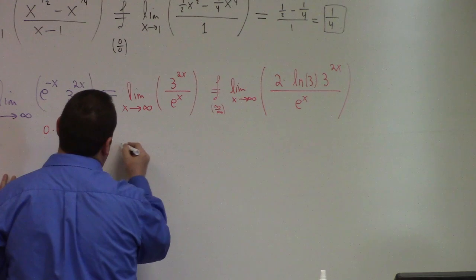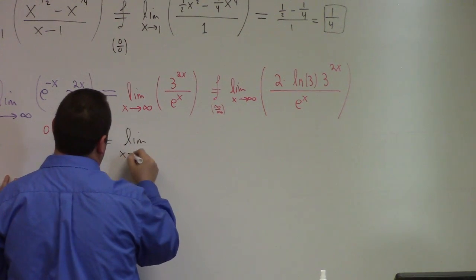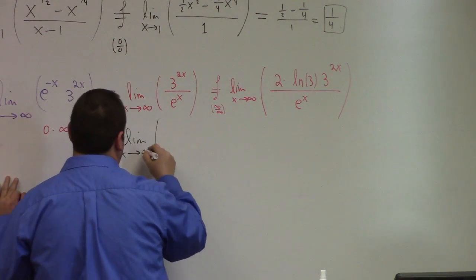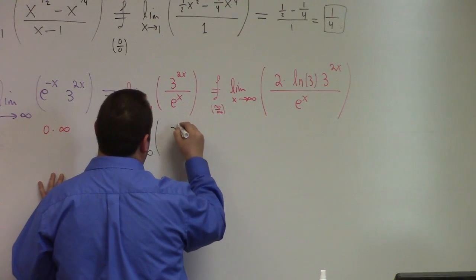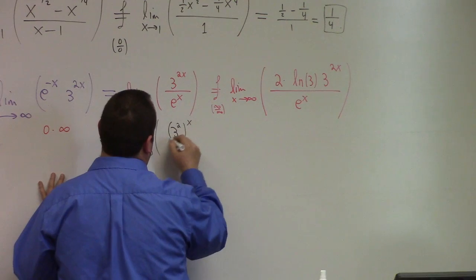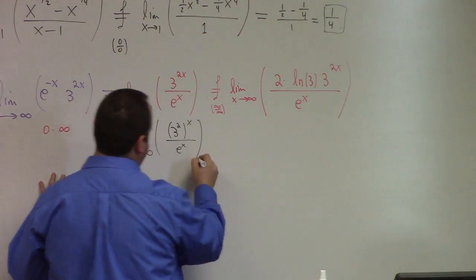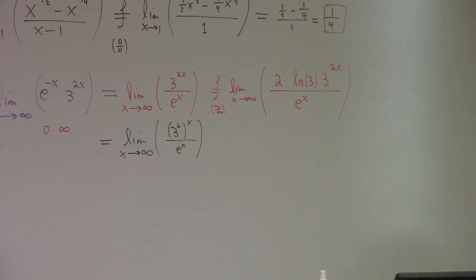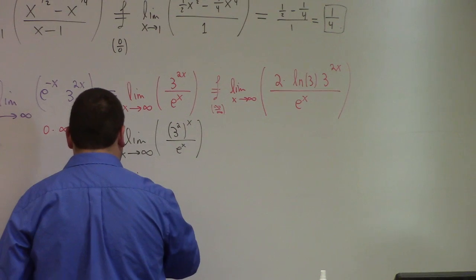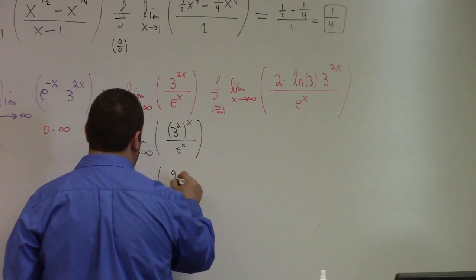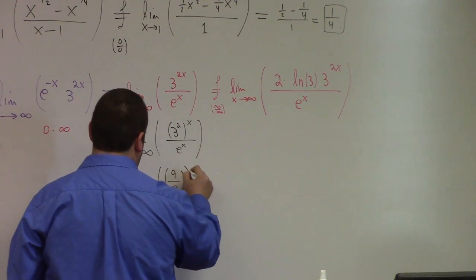So what we can do is use our old friend algebra. This is 3 squared to the x over e to the x. So you can rewrite this as the limit as x goes to infinity of 9 over e to the x power.